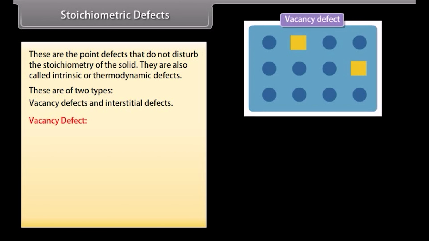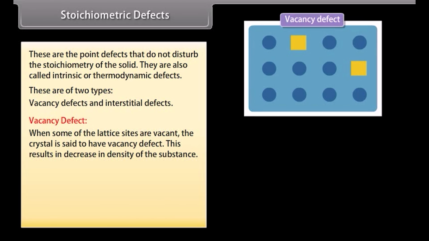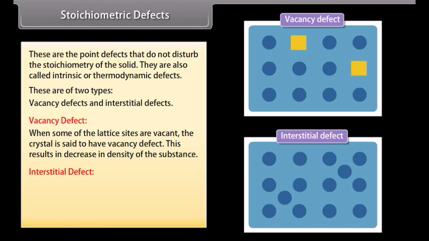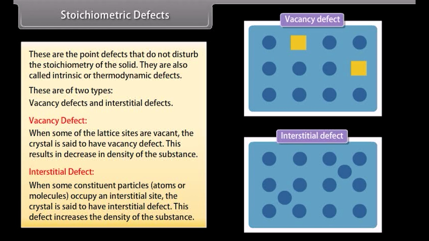Vacancy defect: when some of the lattice sites are vacant, the crystal is said to have vacancy defect. This results in a decrease in density of the substance. 2. Interstitial defect: when some constituent particles, atoms or molecules, occupy an interstitial site, the crystal is said to have interstitial defect. This defect increases the density of the substance.